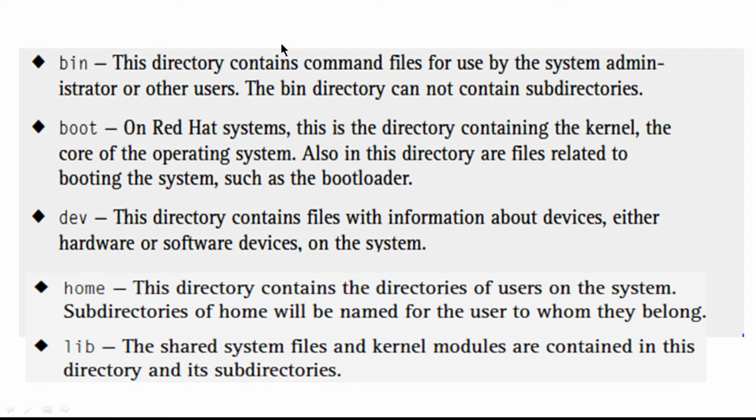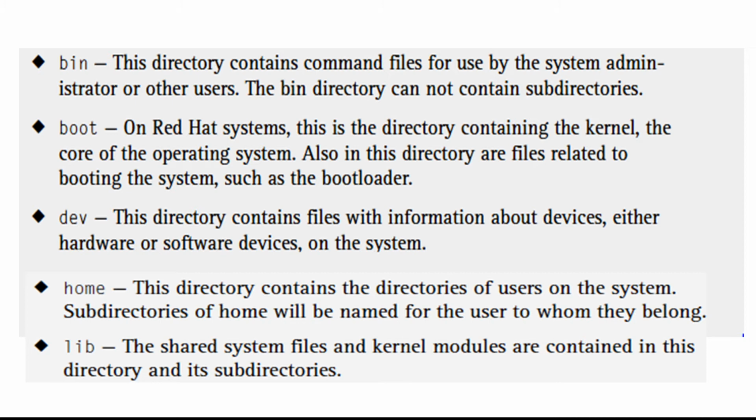Take the bin directory. The bin directory contains command files for use by the system administrator or other users, and it is basically a directory which doesn't contain any subdirectories. The second directory is the boot directory. The boot directory is where you store all the files related to booting the system.